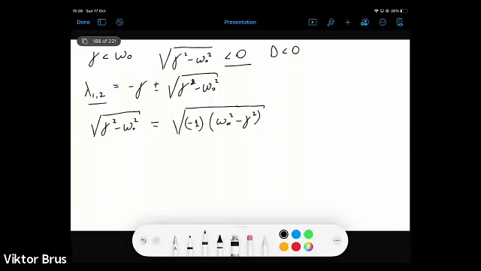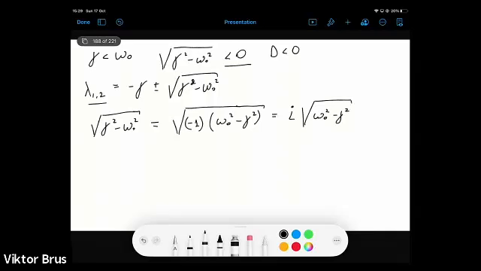And the square root of minus unity is i, the imaginary unit. So we can write i times square root of omega naught square minus gamma square.